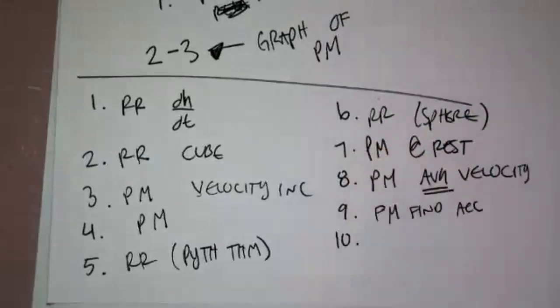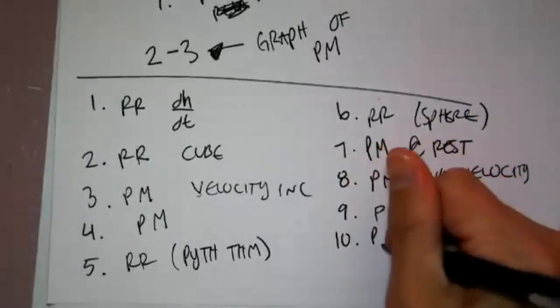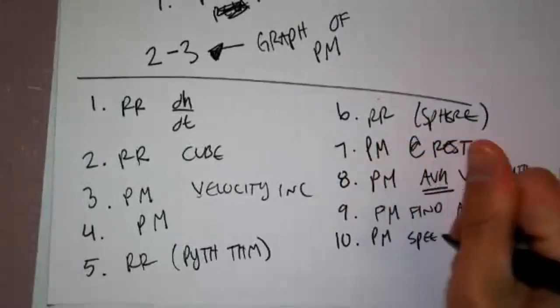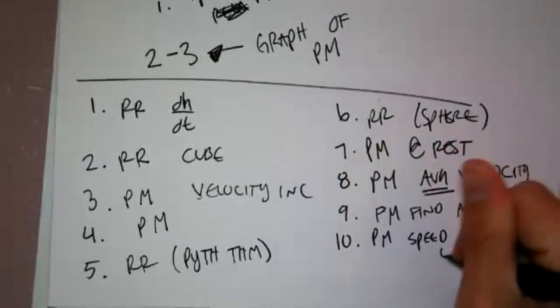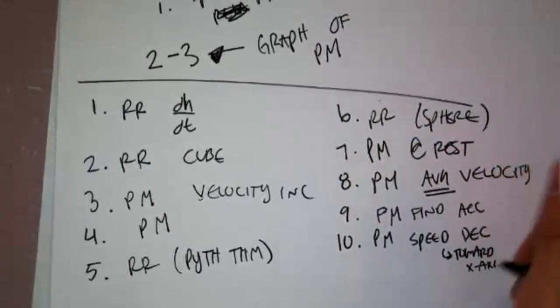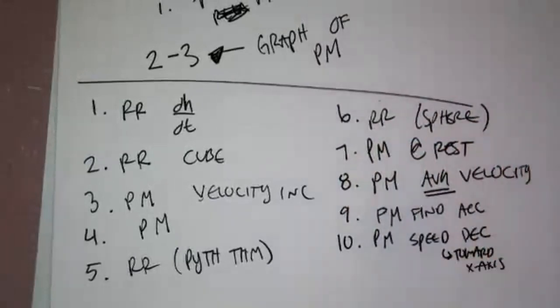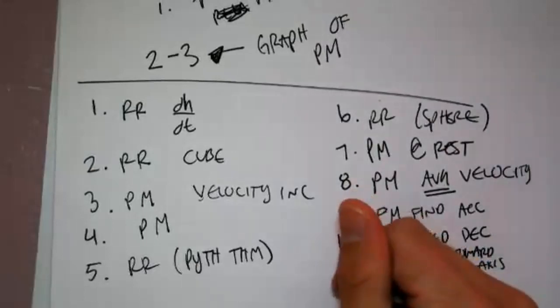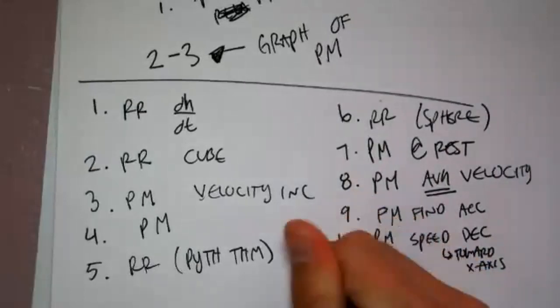And that's up there. Let's see, 10, particle motion, speed decreasing, which would be toward the x-axis. Go back and look at the review. Then I'm kind of running out of room.